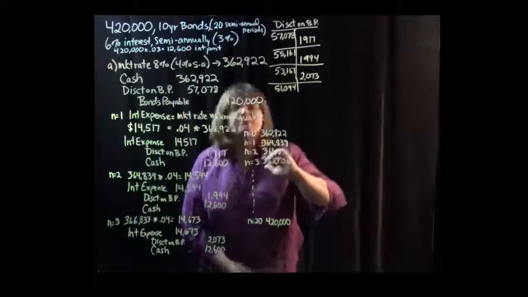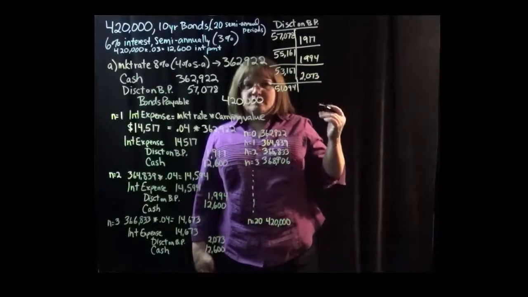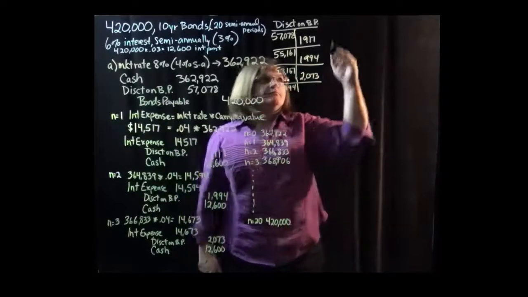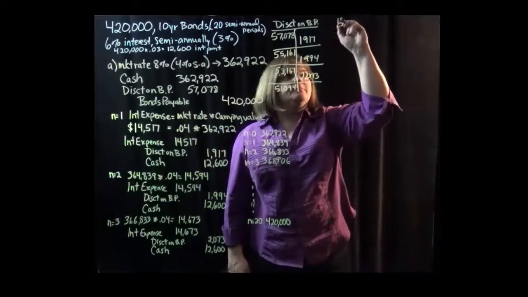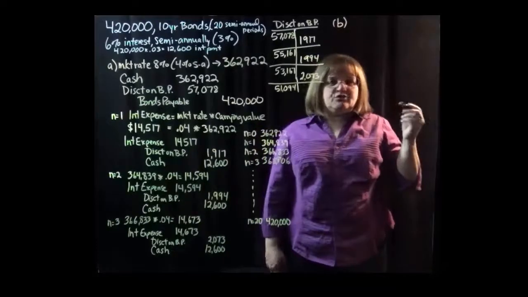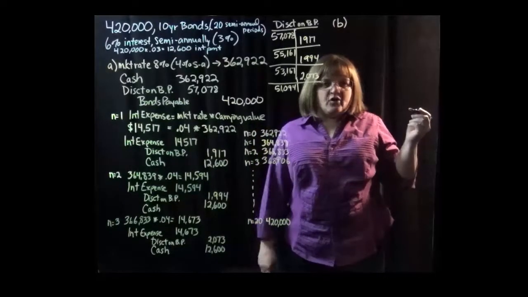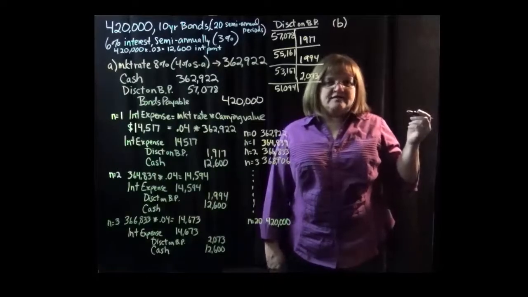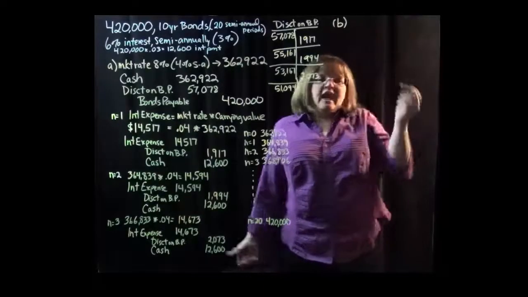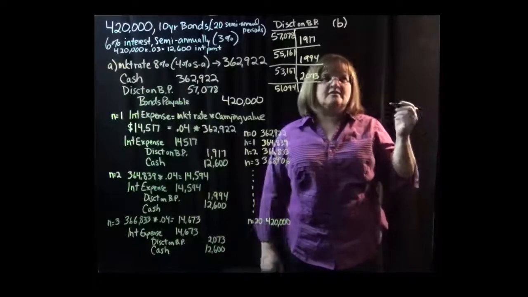Now, what if the bond was issued when the market rate was the same as the face rate? So part B. With part B, the bond was issued at $420,000 because of the market rate and the face rate being the same. And so we didn't have any discount or any premium, so there's nothing to amortize over the bond's life.